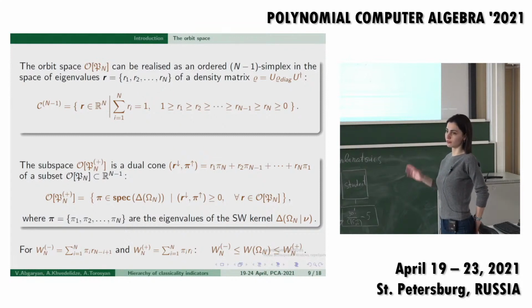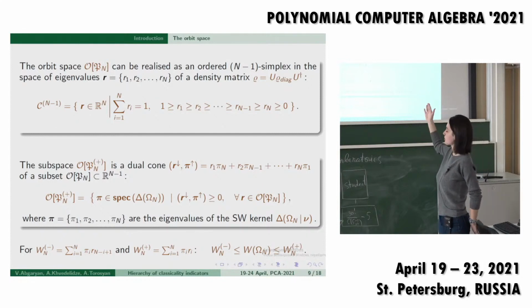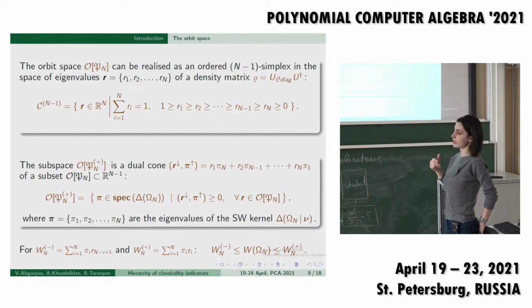Knowing that the eigenvalues of the density matrix ρ and the eigenvalues of the Stratonovich-Weyl kernel delta are ordered in some chosen way, we choose this decreasing order, we can define the orbit space OP as follows.